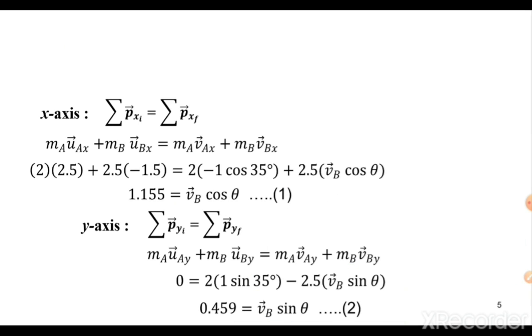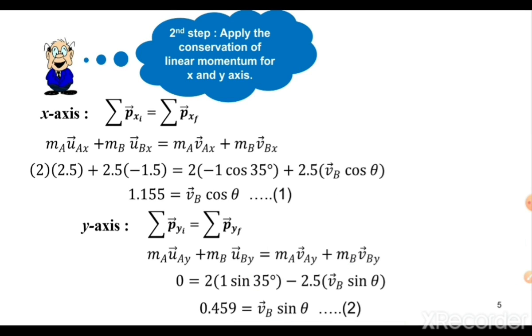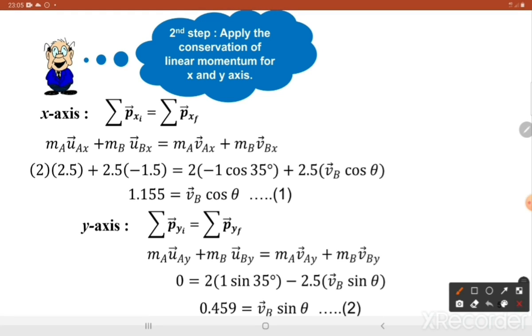Next, we apply the principle of conservation of linear momentum for both axes, X and Y axis. So for the X axis, you write down that equation like that, which is total PXI is equal to total PXF. And then you expand that formula, which is MAUAX.